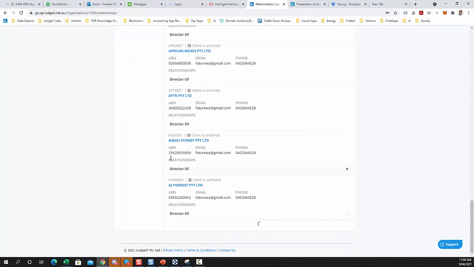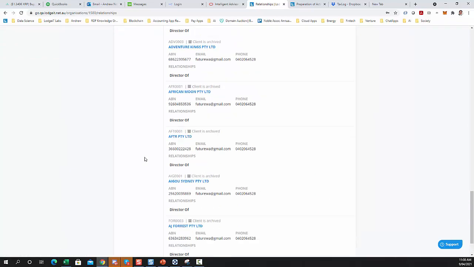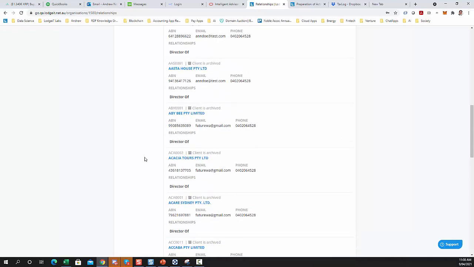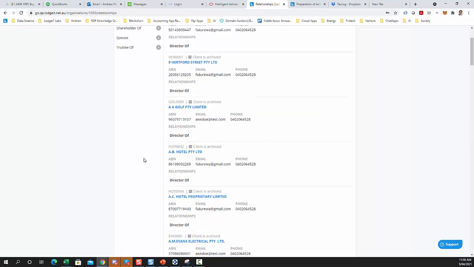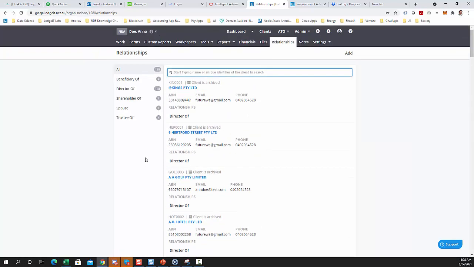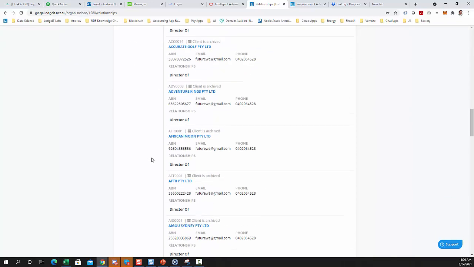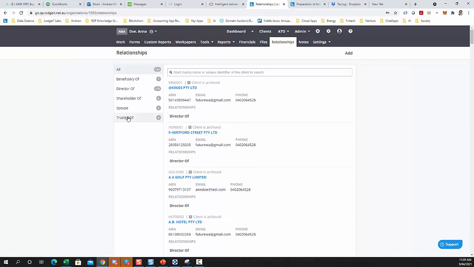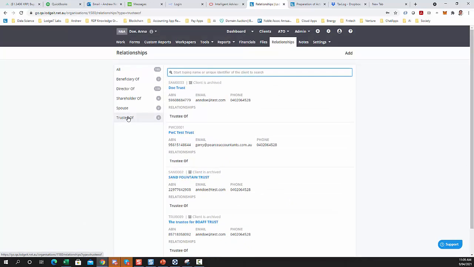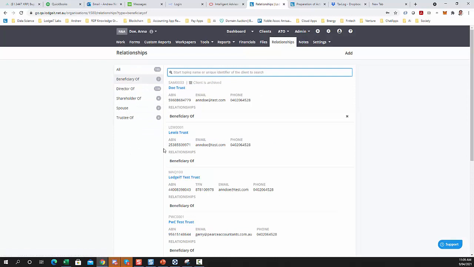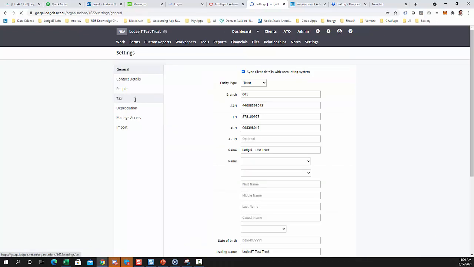So we obviously use her for a number of demonstrations, and we would have to find that the trust, which we've just added her as a beneficiary, is somewhere in this list. Trustee of, okay, beneficiary of, right, here we go. So this is the Logit test trust that we're working on, and here you can see she's the beneficiary of.